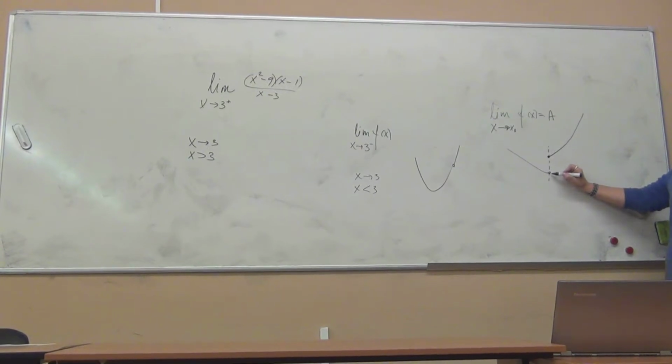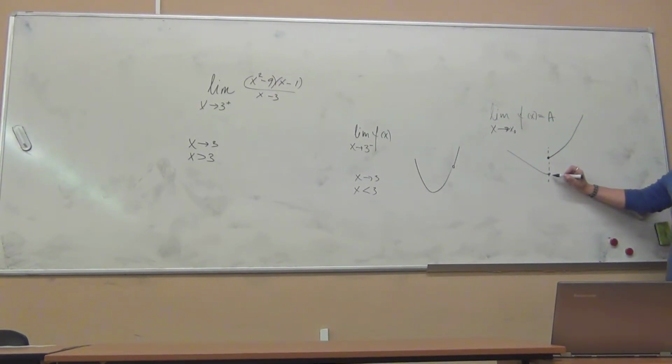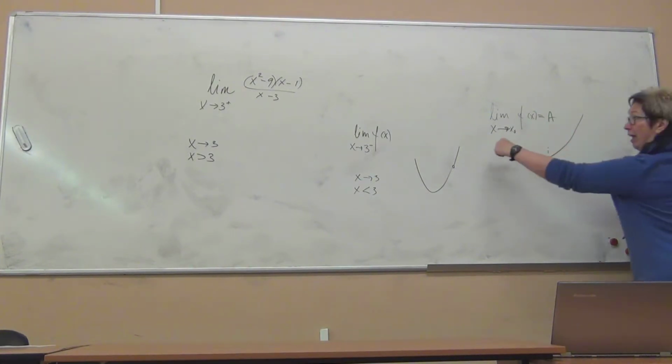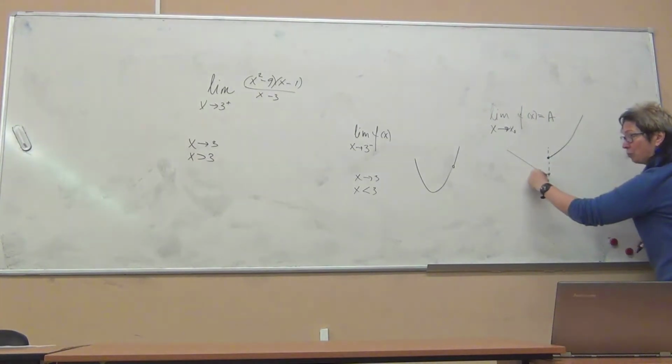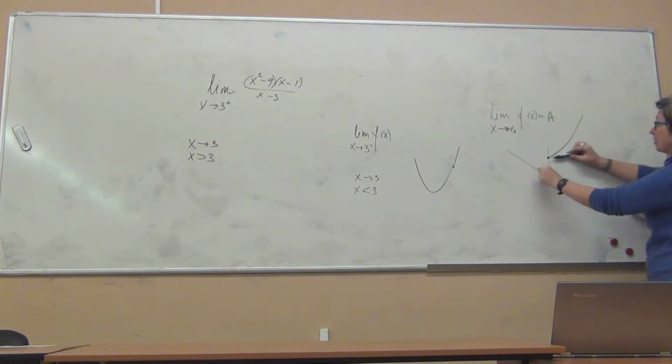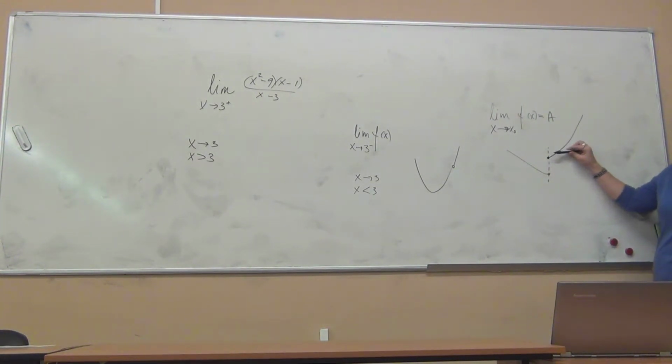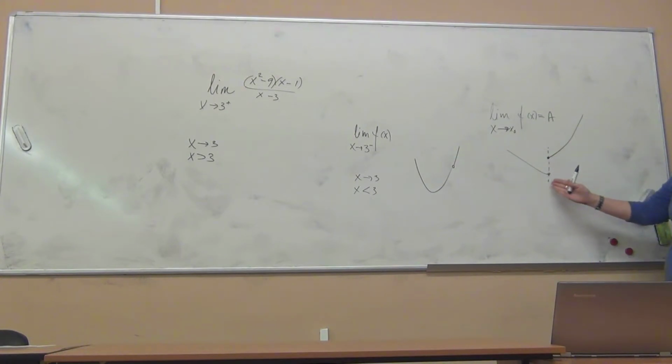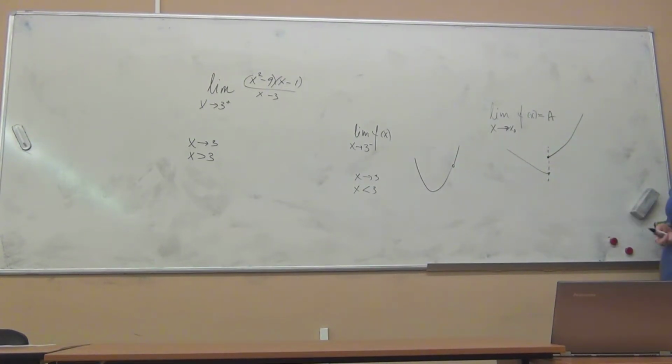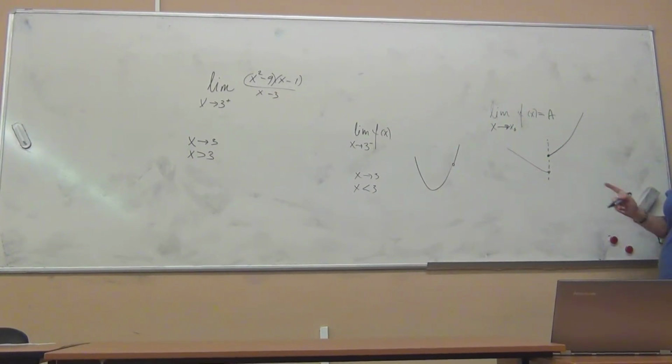And I said, this is the empty point, this does not belong to the graph. The actual function value is here. By the way, in this case, the left-hand limit is one value and the right-hand limit is something different. So we can say that the function doesn't have a limit at this point. This is one of the possible examples.